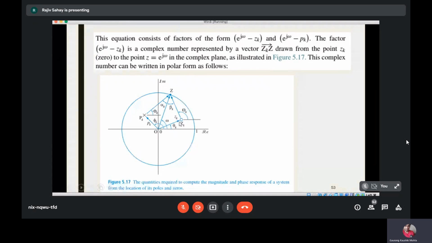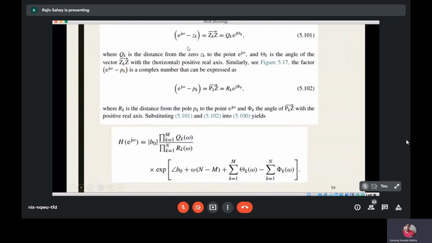Look at all the angles and look at the expression of Zk and Pk in the complex notation. Okay, fine. Let's go ahead.